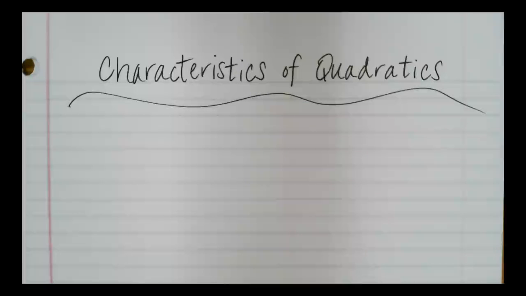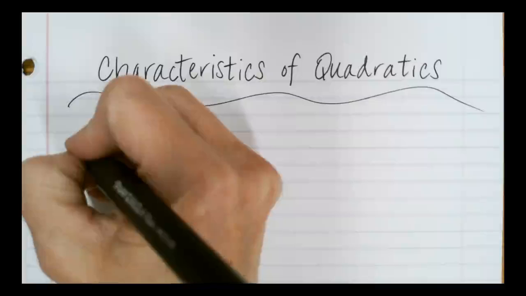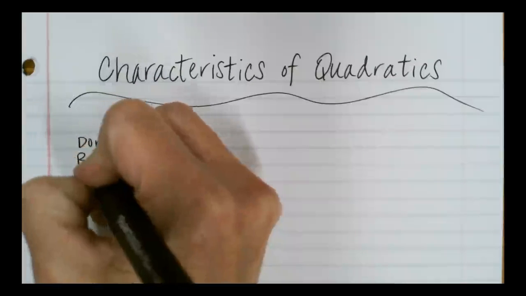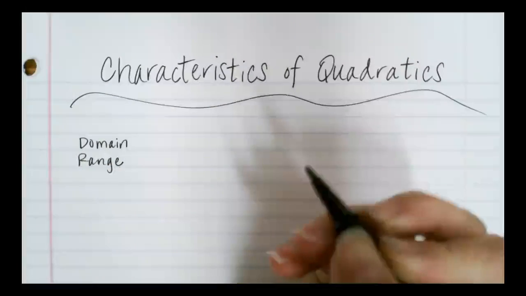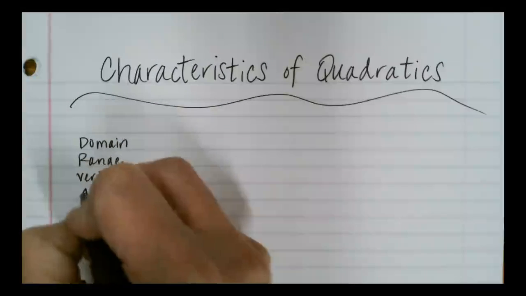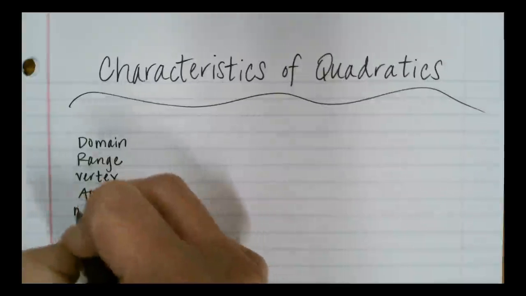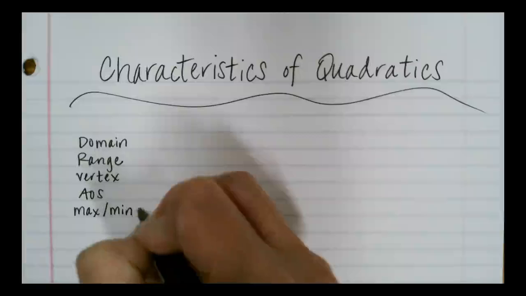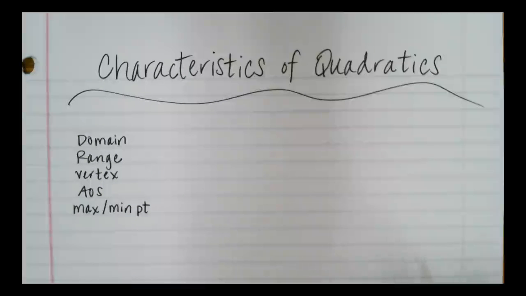We're going to go through things like domain, range, and maybe I'll go ahead and start listing them over here. We're going to find the domain, the range, the vertex, and the axis of symmetry. We're going to decide if there's a maximum or a minimum point.